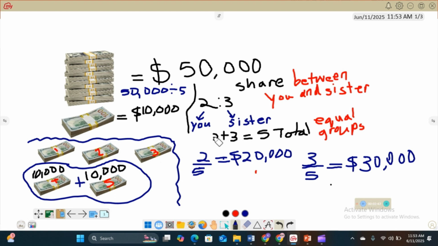After you group them into the equal parts, in this case 5, that is when you use the ratio and share between the given ratio. So the person will take 2 from the group, and the other person will take 3 from the group. And that is how you divide quantities by a given ratio. That is my method. So thank you for watching.